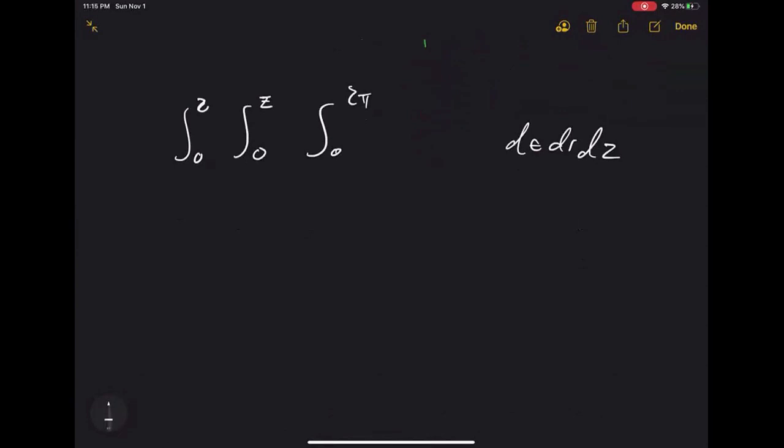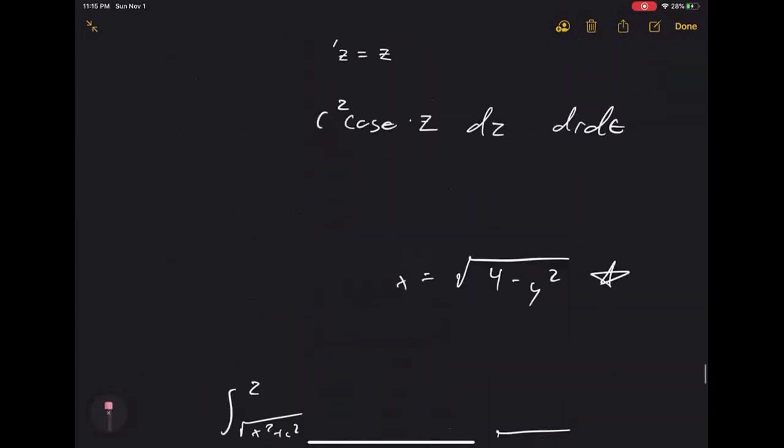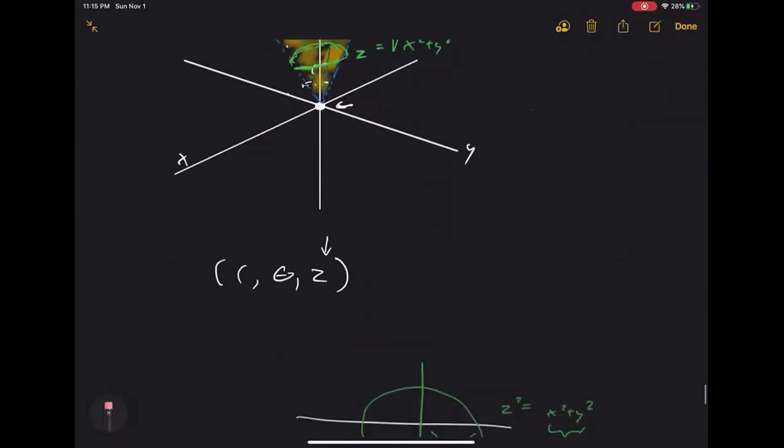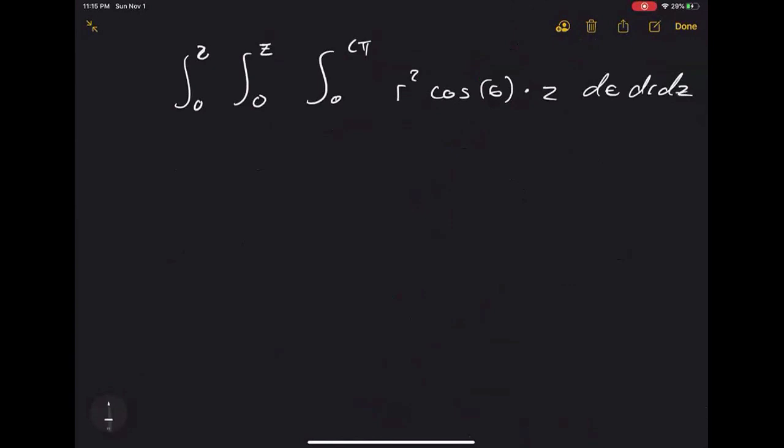So I write my integral like this. The function was r squared cosine theta times z, and that's d theta dr dz. Okay, and the rest is integrating.